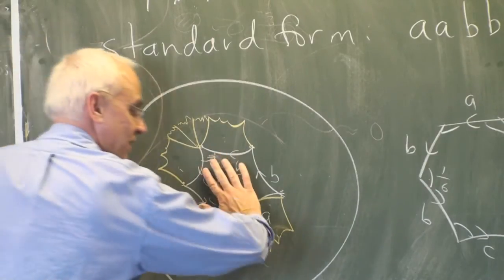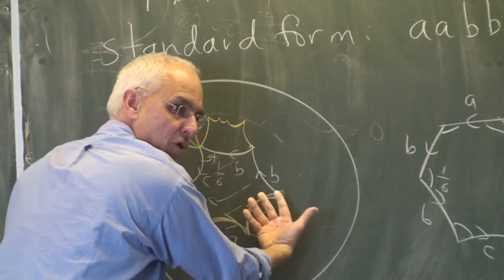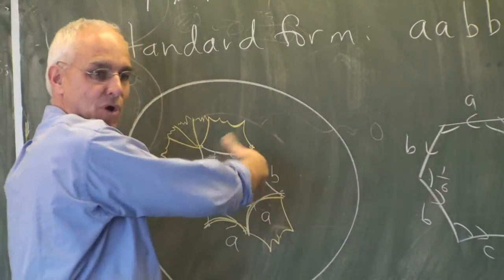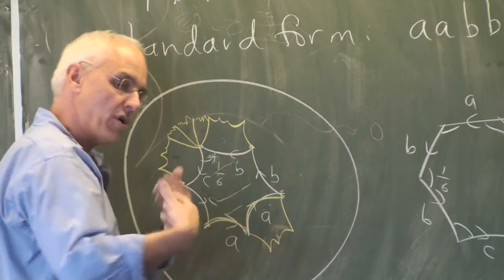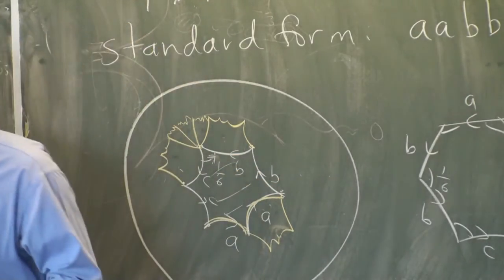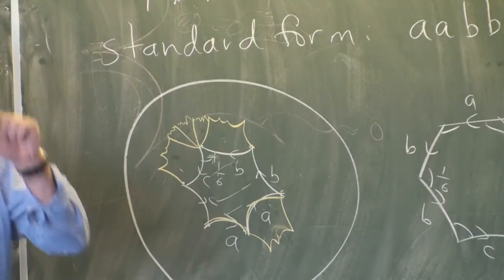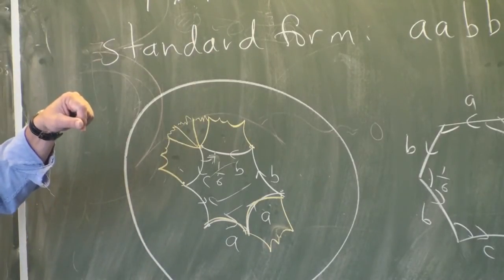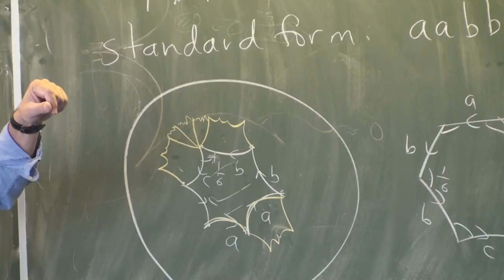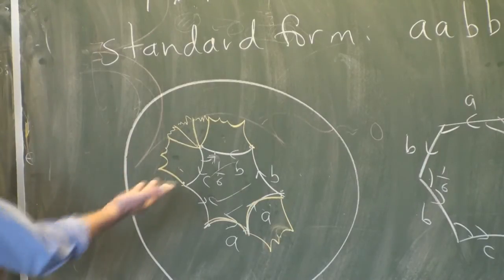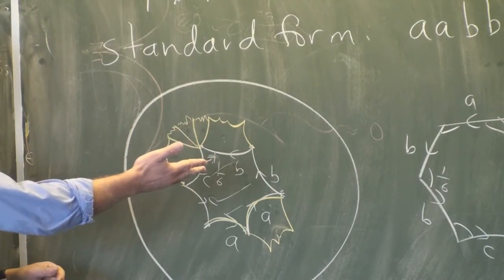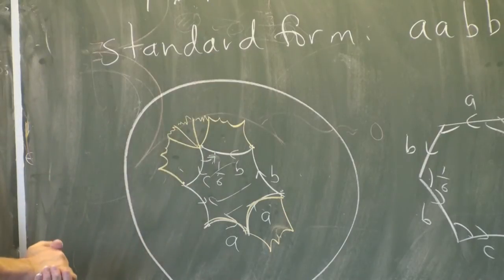So you're going to have to actually flip it over as well as rotating it. Or to put it another way, in terms of reflections, if you write it as a product of reflections, there will be an odd number of reflections that are involved, not an even number. An even number of reflections will preserve the orientation. An odd number will not.